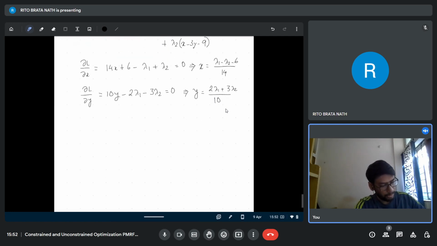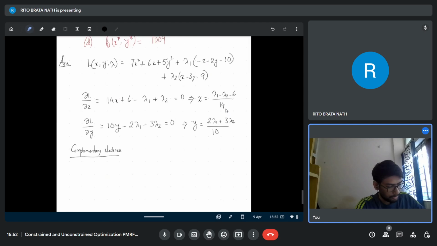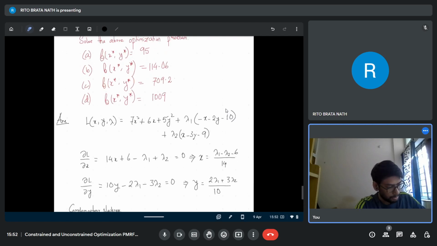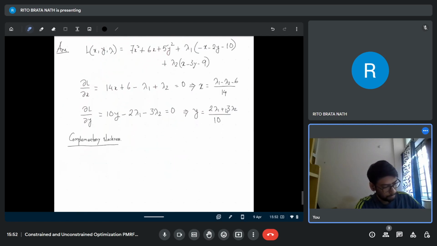Now you can write the complementary slackness conditions. In that case, what you will find is lambda 1 times this equals 0 and this one is equals 0.